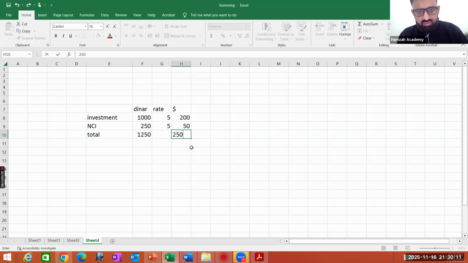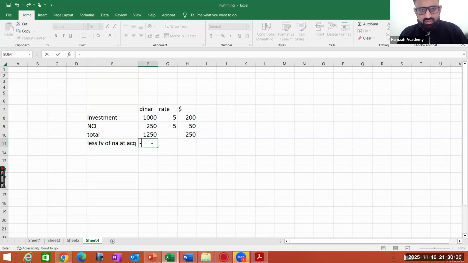In terms of dollars it would be 250, and less the fair value of net asset at acquisition date, and that is 1100. And the date of acquisition exchange rate was 5, so 220.